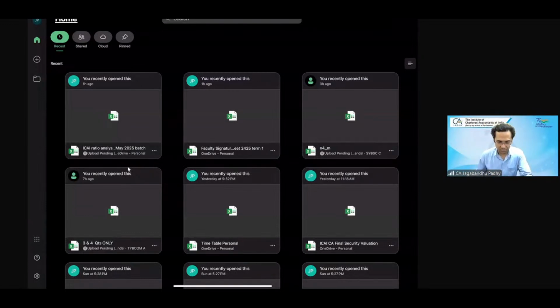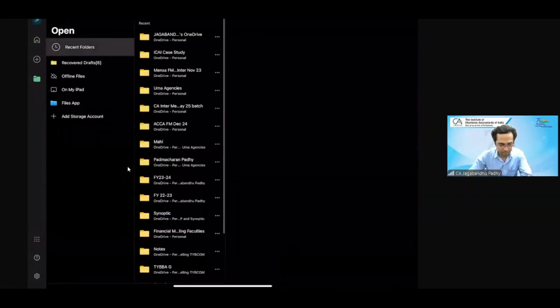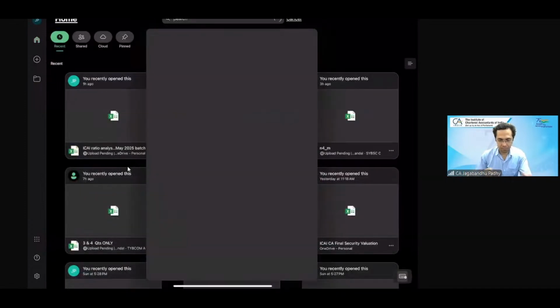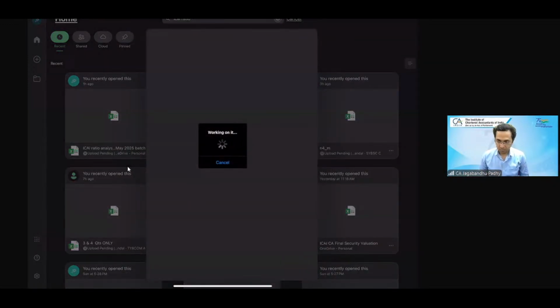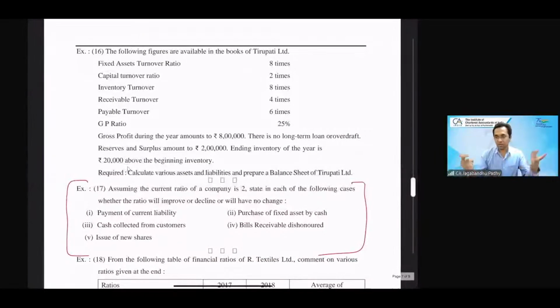Technical challenges, guys. Come on. Anyway, till the time that things get sorted, let me do it in paper mode only.